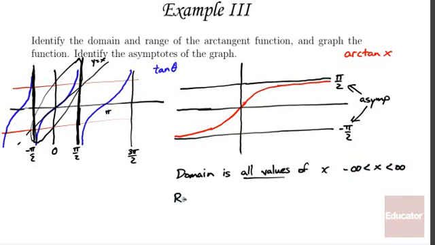The range is all, let me write this as y because these are values on the y-axis, all y with negative pi over 2 less than y less than pi over 2.